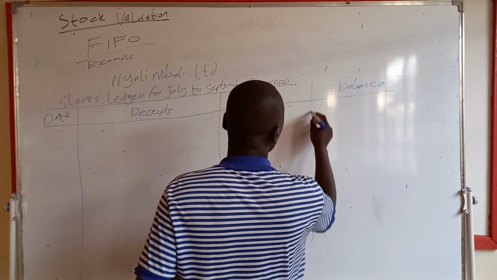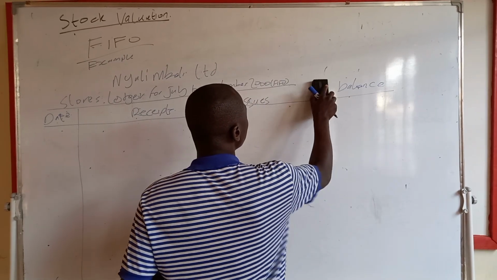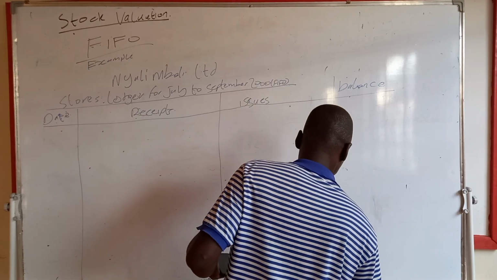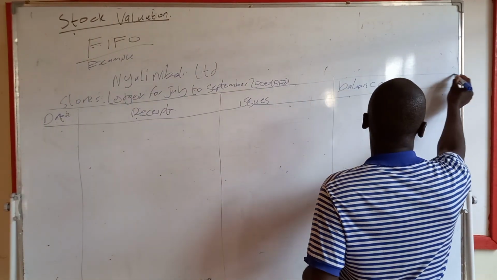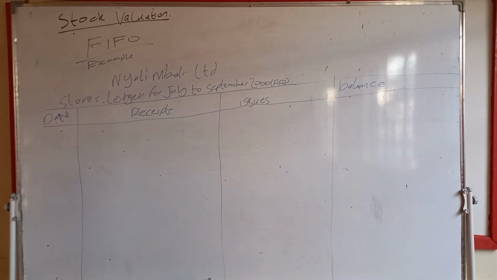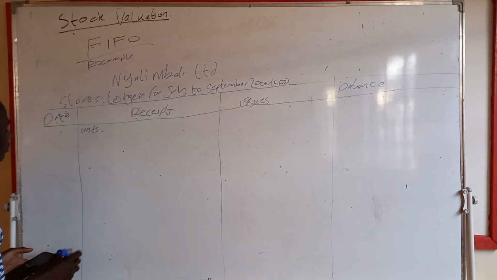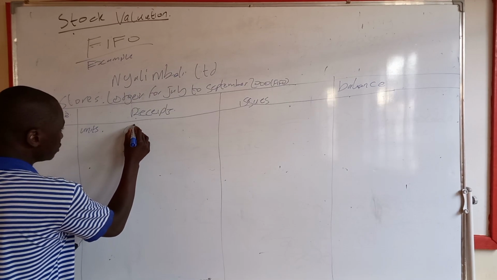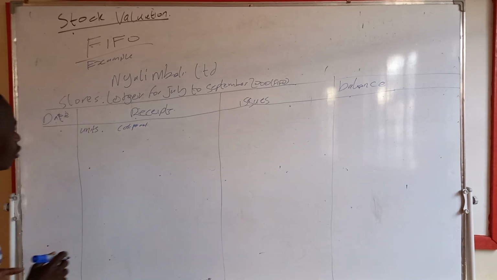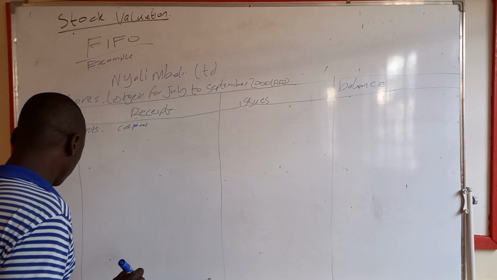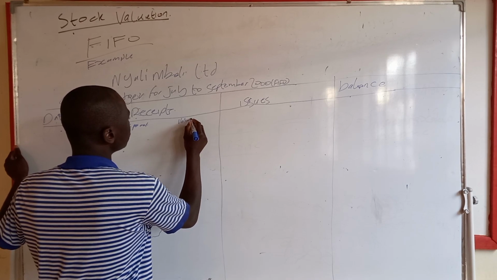All right. Our store ledger. Then, in this, you notice that you will be having units, the units you have issued, cost per unit you have issued, and then you are going to have the value or amount.